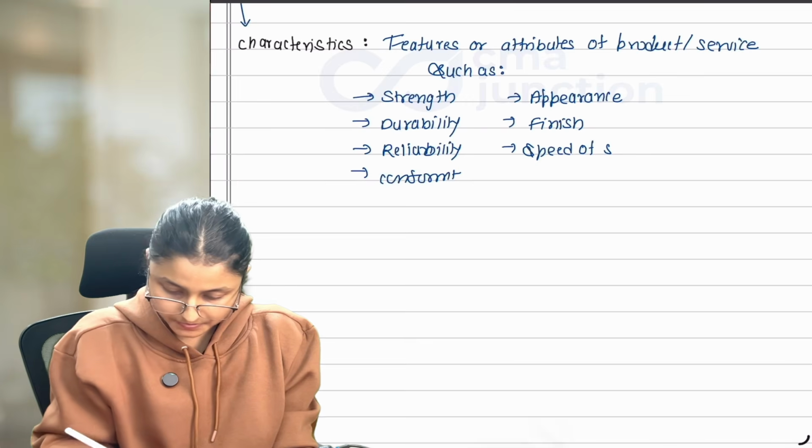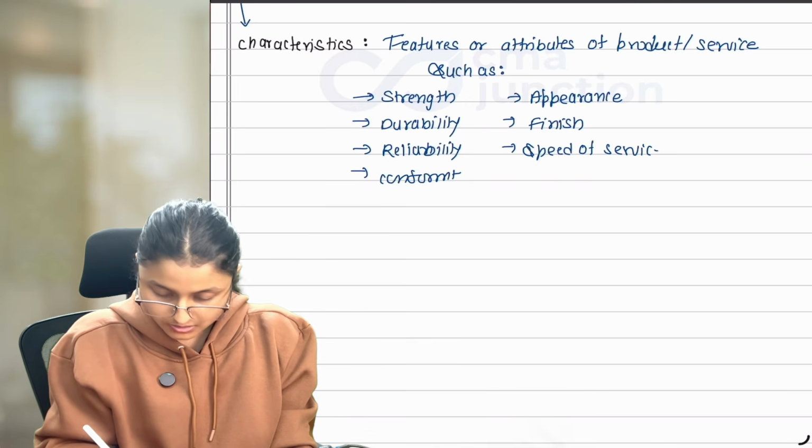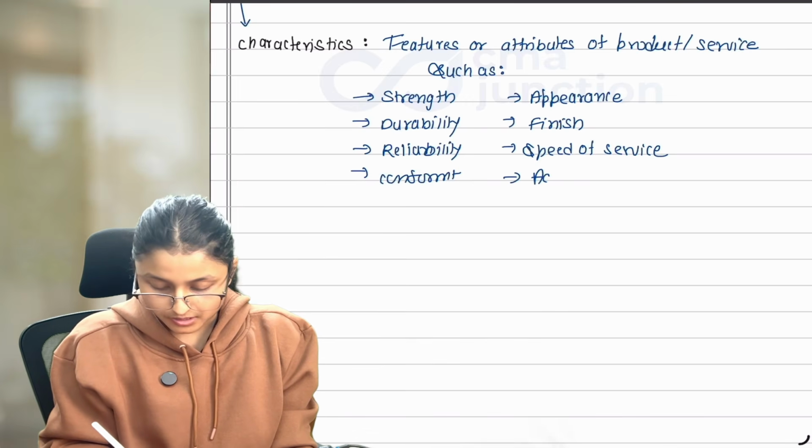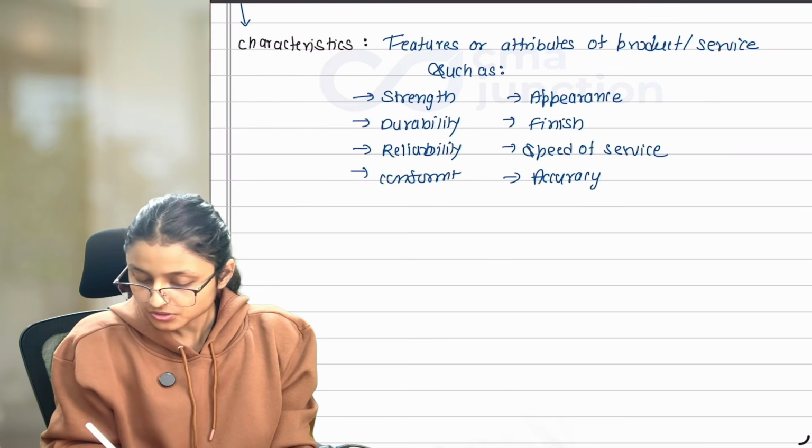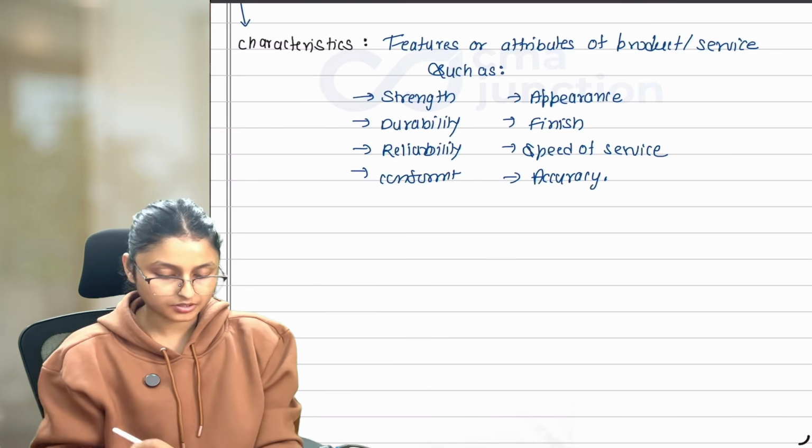These are just examples of some features. There might be some other feature which differentiates our product from another product.